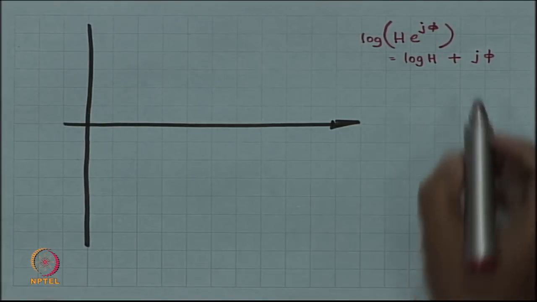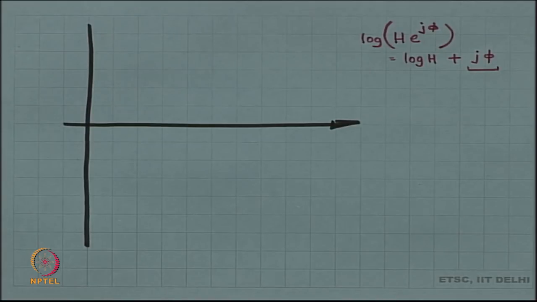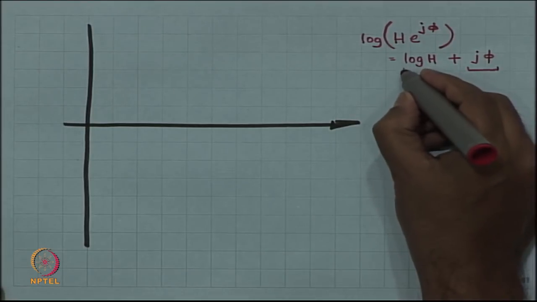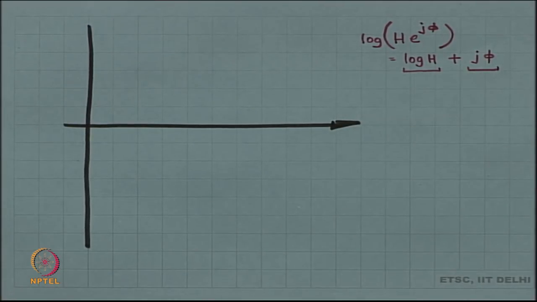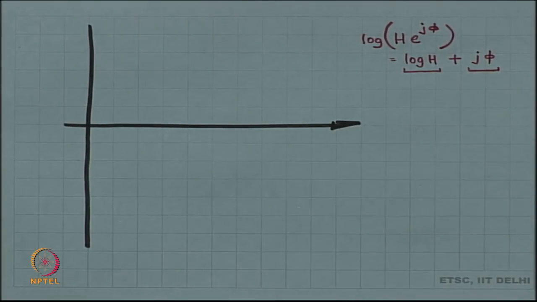So, this quantity is the phase, j times phi. You do not have to plot the j part of it, you just plot phi. And in the other plot, you are going to show the log of the magnitude. So, in one case you show log of the magnitude, in the other case you show the phase phi.